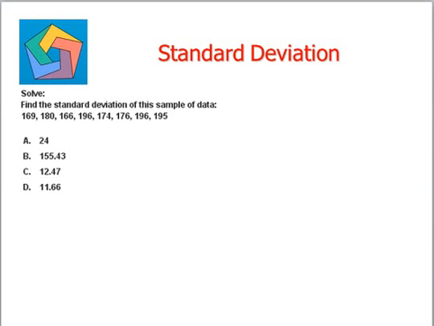Solve. Find the standard deviation of this sample of data. Here we are given a sample set of 8 numbers. So we'll first find the mean. That is, we add up all of them and then divide by 8.